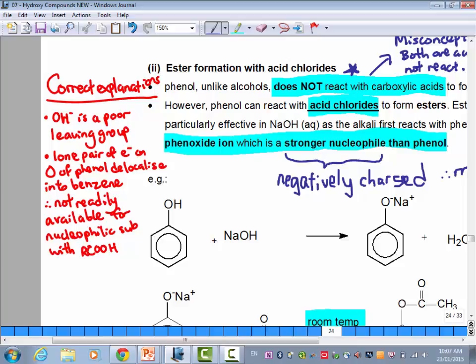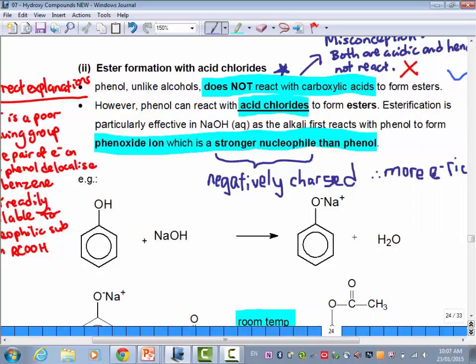Alright, so like what I mentioned, if you want ester from phenol, very simple, you react phenol with acid chloride at room temperature. If you want a better outcome, you can do the following. You can react phenol with your sodium hydroxide first to obtain phenoxide ion.